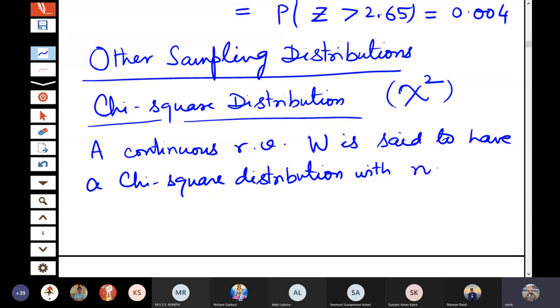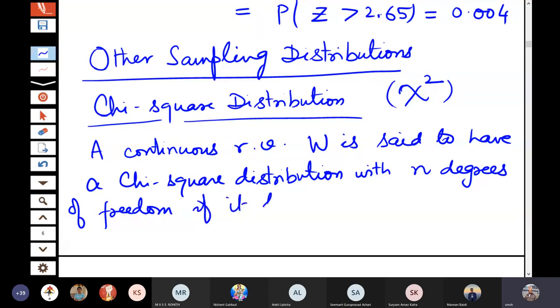with n degrees of freedom. The word degrees of freedom is the parameter of the chi-square distribution here.